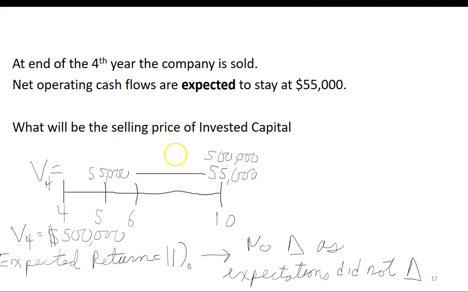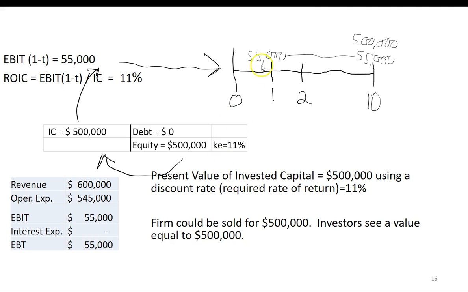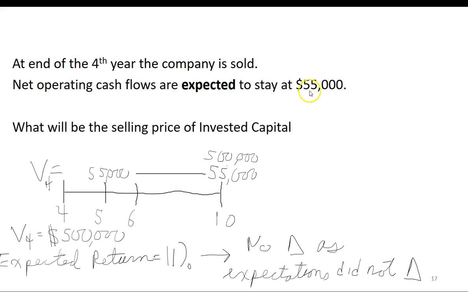So now this person is going to be getting 6 years of $55,000 and $500,000, where you are getting 10 years of $55,000 and $500,000. What's the present value of these cash flows at 11%?